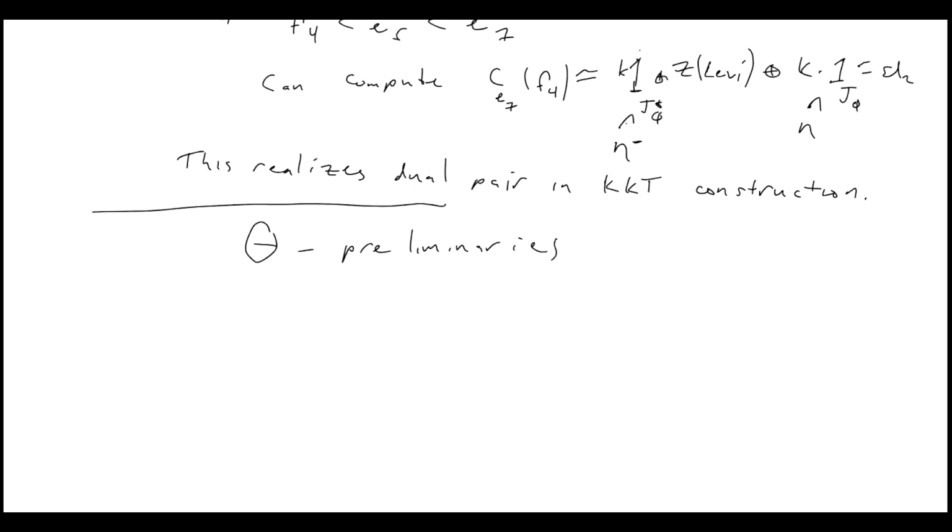All right, so now K is a p-adic field. G will be split F4 over K. H is going to be PGL2.